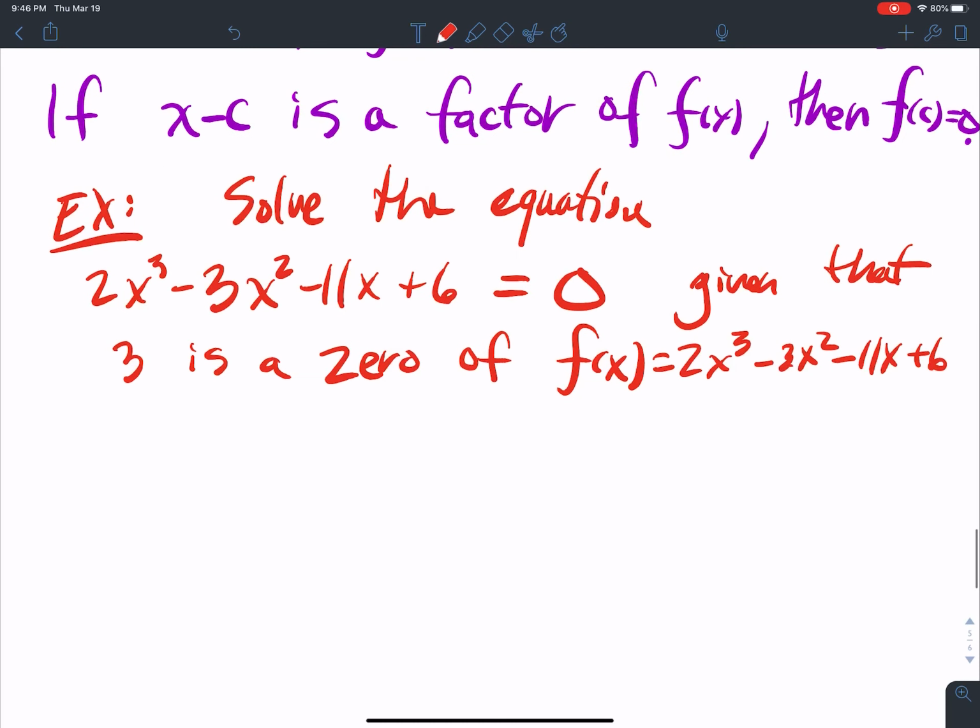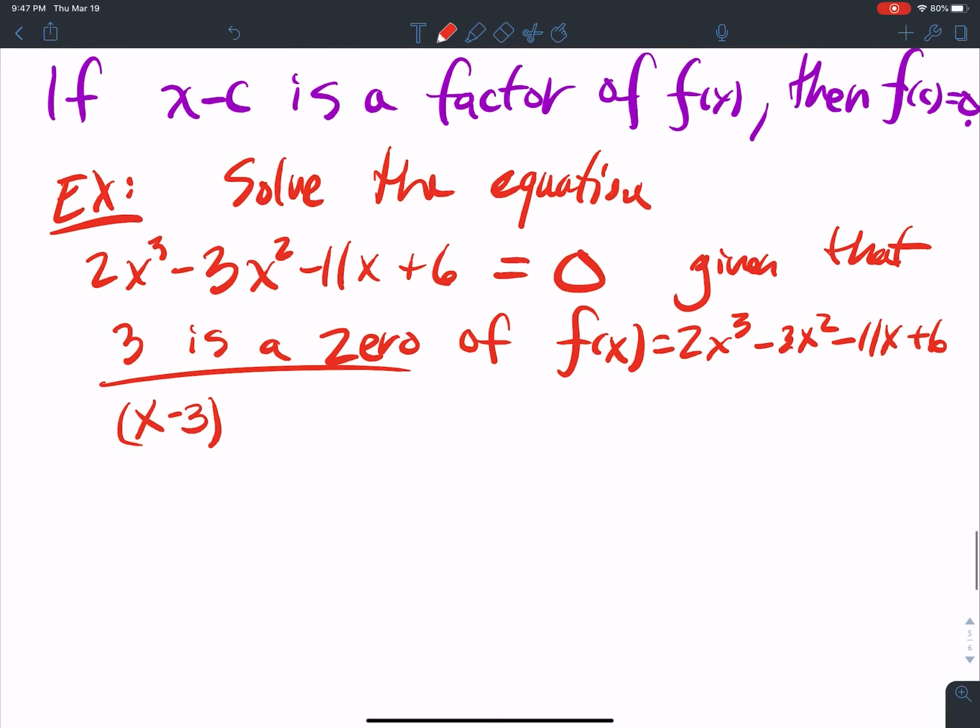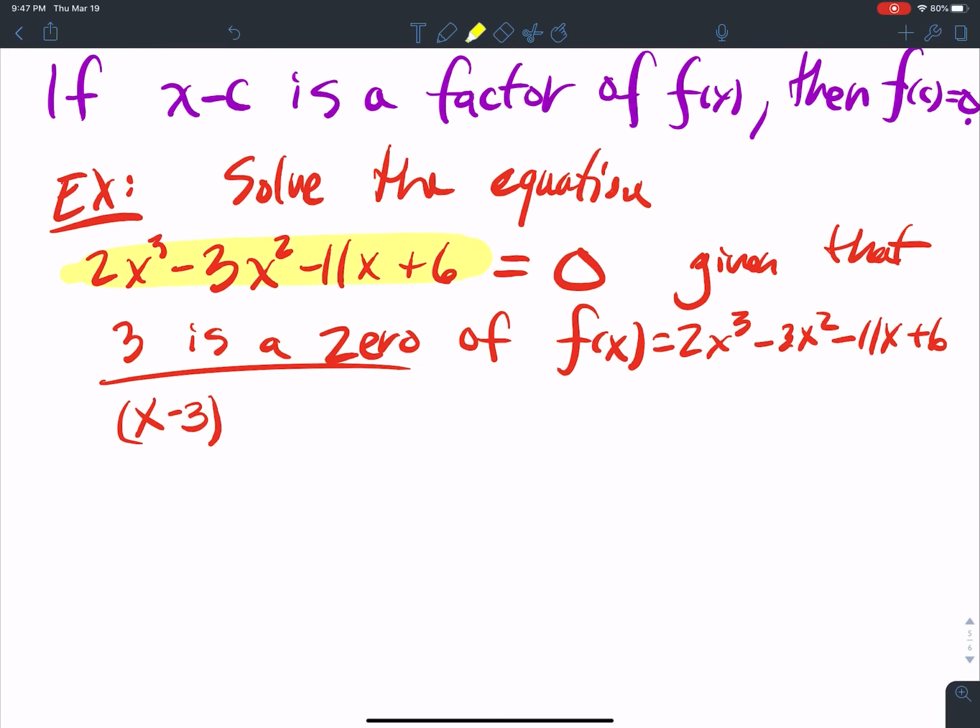Now, if I know that 3 is a 0, that means that x minus 3 has to be a factor of this polynomial, which is really helpful because right now I'm not sure we could solve this. So we really need to have a factor.